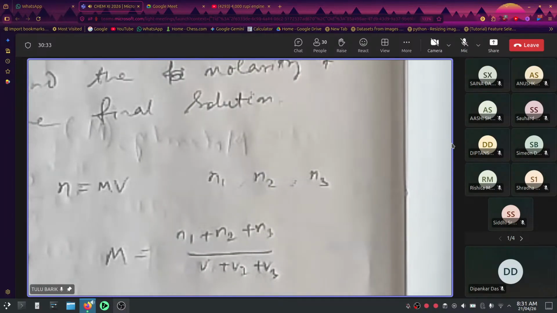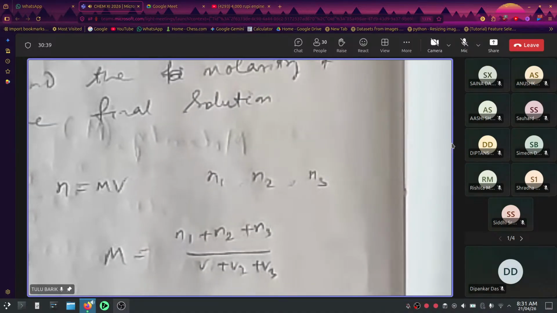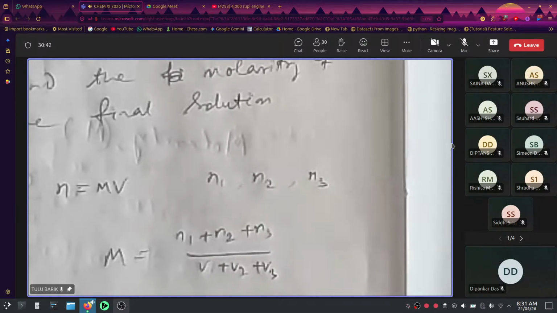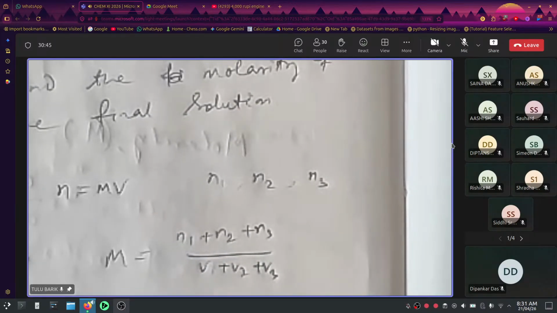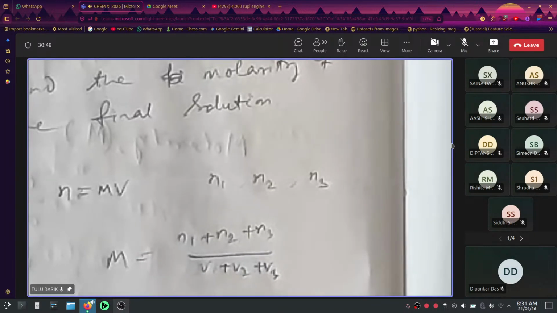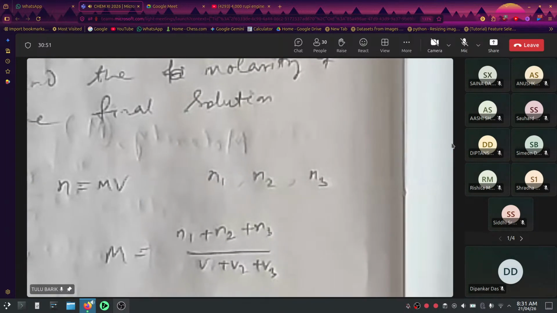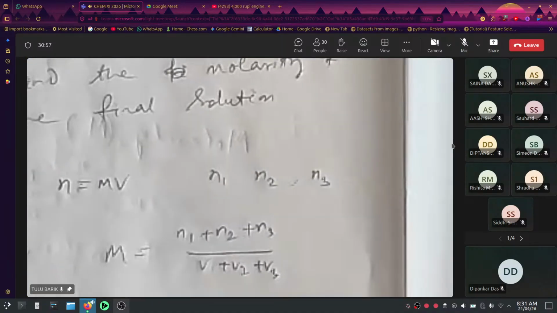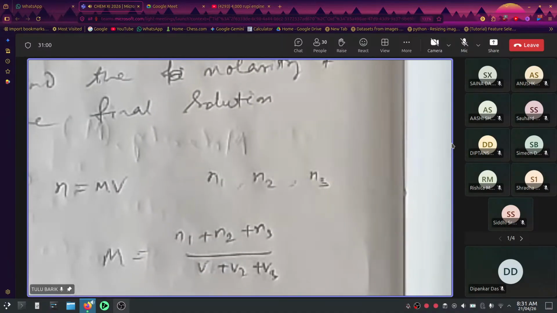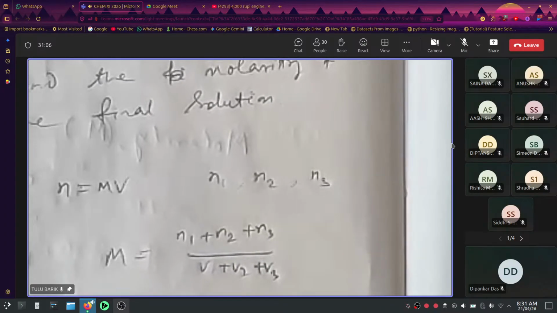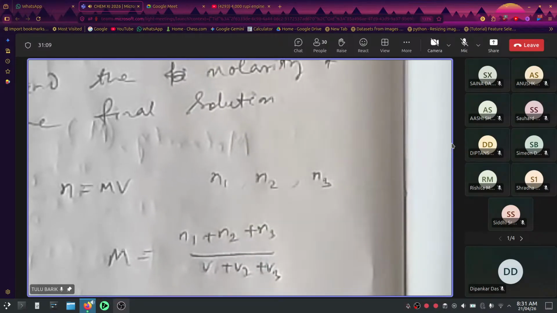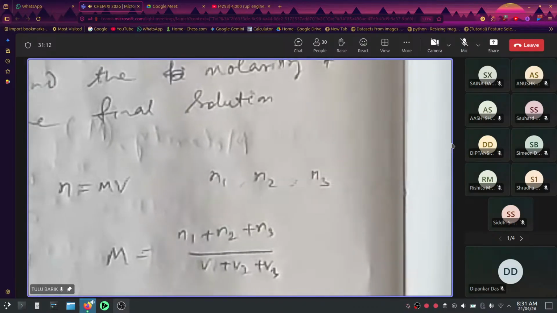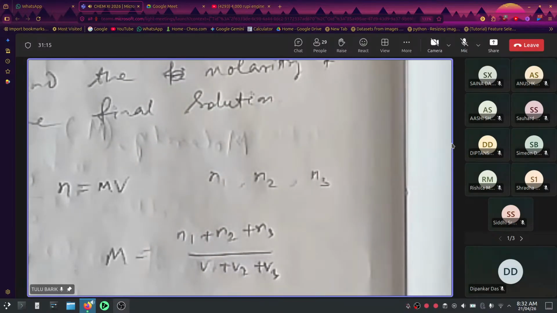It is the number of parts by mass of an element that combines with or displaces 1.008 parts by mass of hydrogen. Your notebook is not visible. Okay, let me adjust.